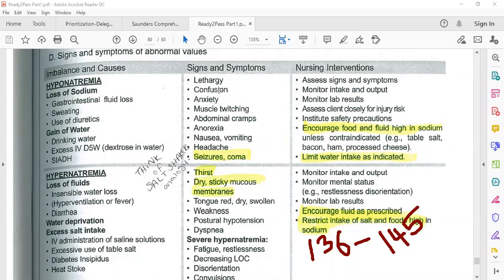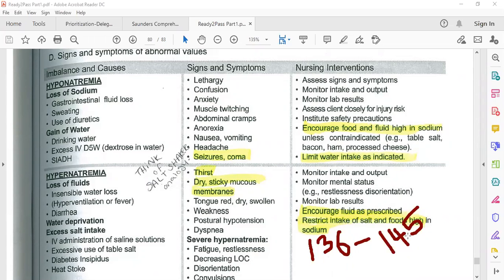So assess the signs and symptoms, monitor input and output, and monitor the laboratory tests. I mean, is the sodium within the normal range, 136 to 145 milliequivalents per liter?